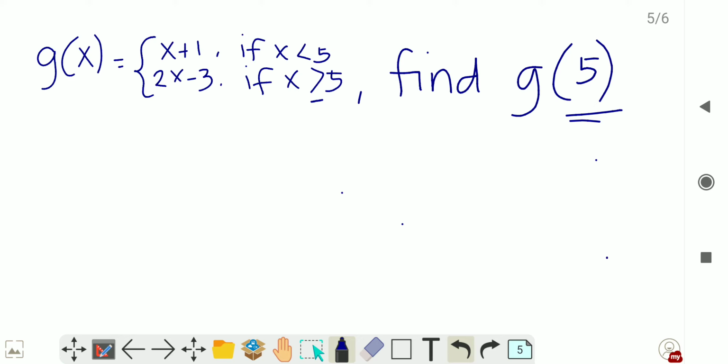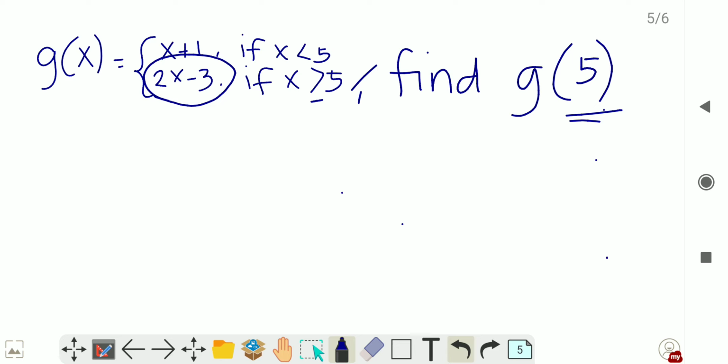Now take note, to which does 5 belong to? Is it less than 5 or greater than or equal to 5? So the answer is the second interval. So take note that 5 is equal to itself. So since it belongs to the second interval, we will again use the second subfunction, which is 2x minus 3.